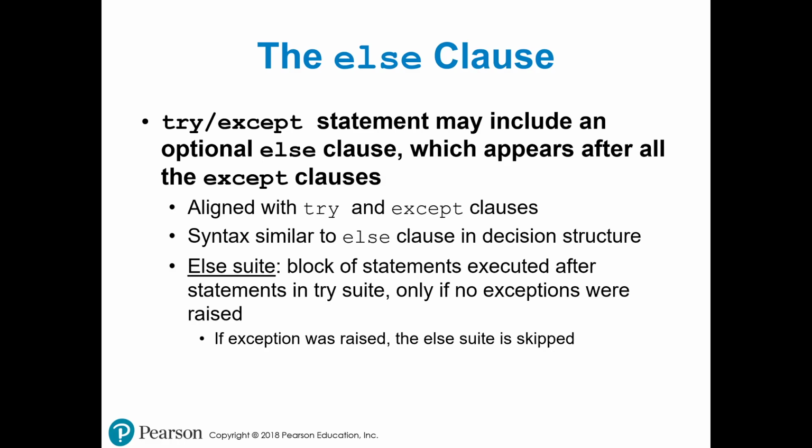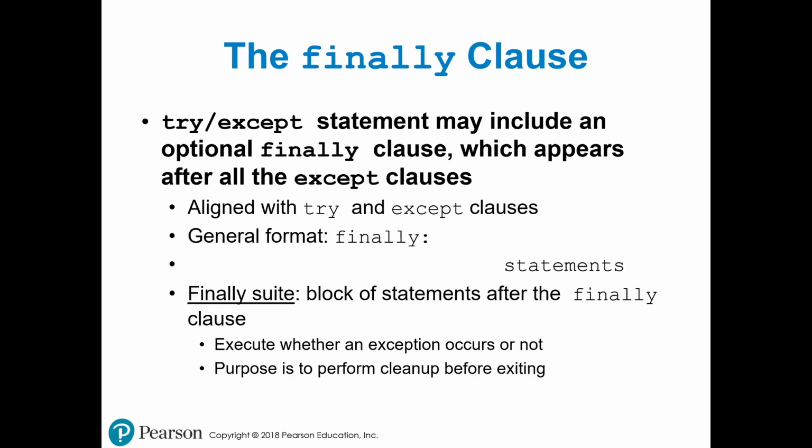The else clause might be reading from the file, because we're only going to read from the file if the exception was not thrown, meaning we could open the file with no problems, there were no exceptions thrown, there were no errors. We're not going to read from the file if there was any error on the open, right? So the else clause only happens if all of the exception blocks are skipped, there are no exceptions thrown, and there are no errors. Then we'll do the else clause.